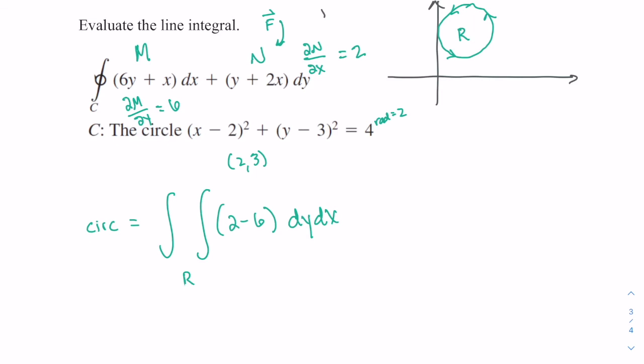And here's what I see. The reason why I always do the integrand first is I can simplify this to be the double integral over R of negative 4 dA.